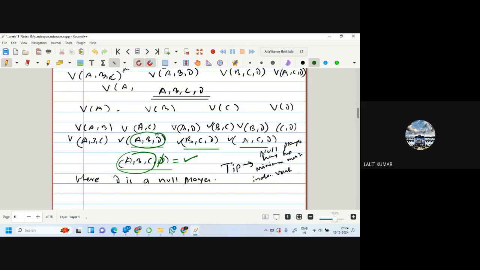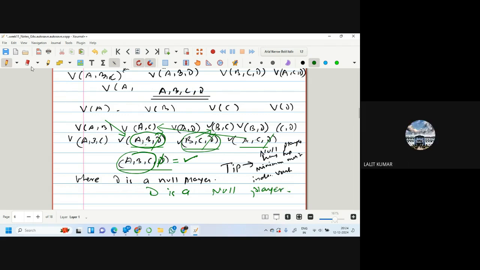I remove D and check whether the value of ABD is the same as AB. Then I remove D here and check whether this value is the same as BC. I remove D and check with AC. So if this happens in all four coalitions, then D is a null player. Is that okay? Yes.